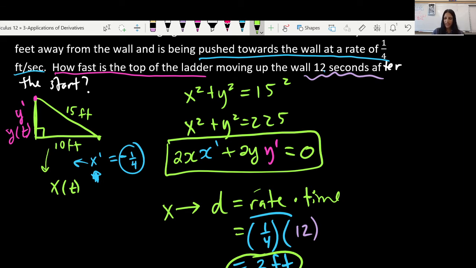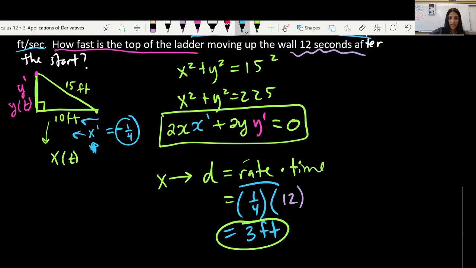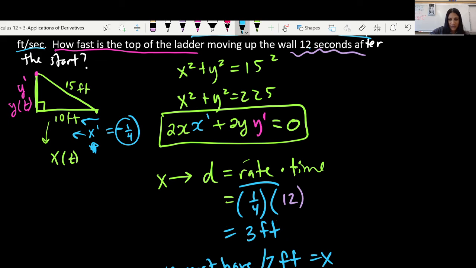Okay, so the end of the ladder has to be pushed in 3 feet, meaning like in this direction, it would be pushed in 3 feet. So if it's pushed in 3 feet, then we must have 7 feet for x. I'm going to get rid of this because we don't need it.